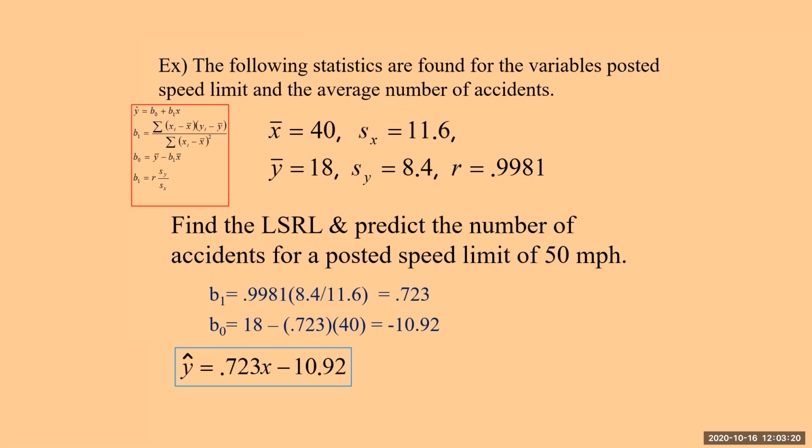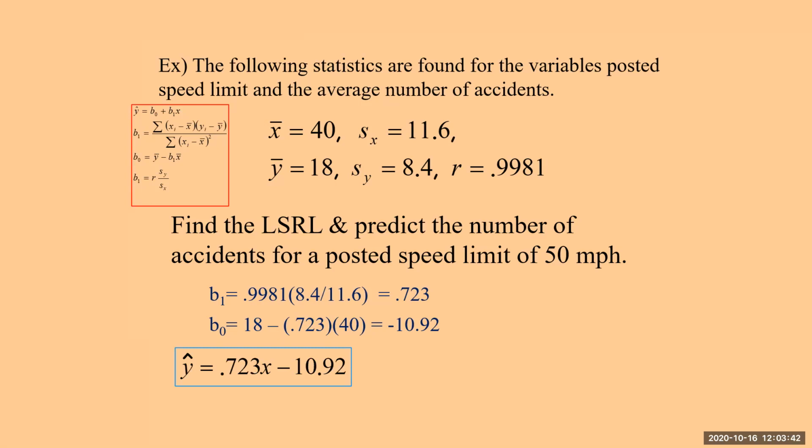So to write it as a least squares regression equation, y hat equals 0.723x minus 10.92. Again, we should label our variables: x equals your speed limit, and y hat is your predicted number of accidents.